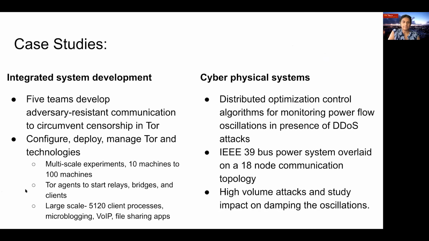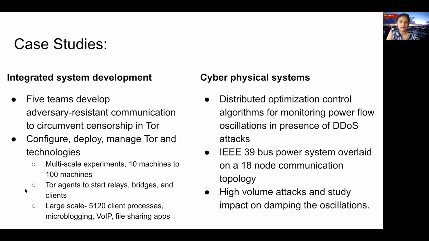The other example is where 5 teams developed adversary-resistant communication to circumvent censorship on Tor networks. The Tor network is a very large system, and we used Magi to configure, deploy, and manage the Tor system, as well as 5 different technologies that were deployed on it.